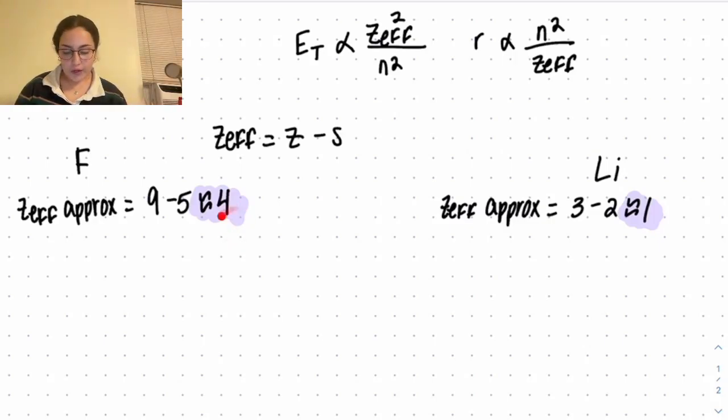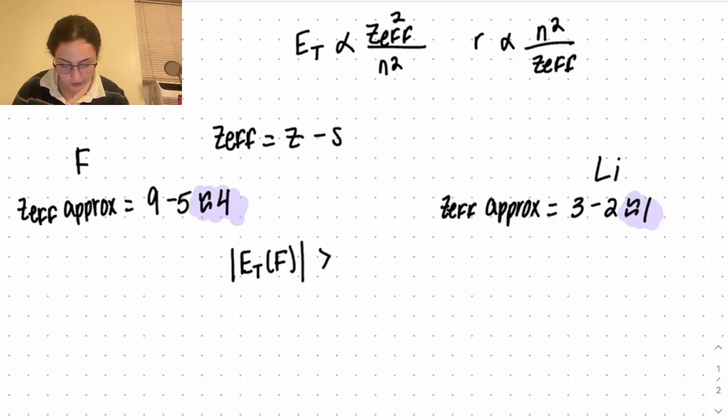So fluorine, which has a larger approximate Z effective, will have a larger magnitude of E total. And we will write that in. So the absolute value of the E total of fluorine is greater than the absolute value of the E total of lithium.